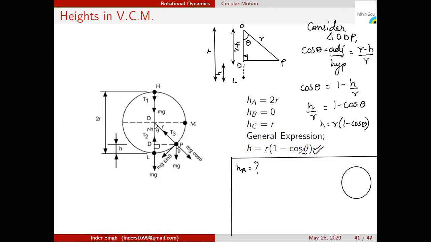So the value of h depends on cos theta. So what we should know is the cos theta value. Theta is nothing but the angle measured from the bottom position. So this is the bottom position. Now we are interested in HA, that means we are interested in the top position like this.